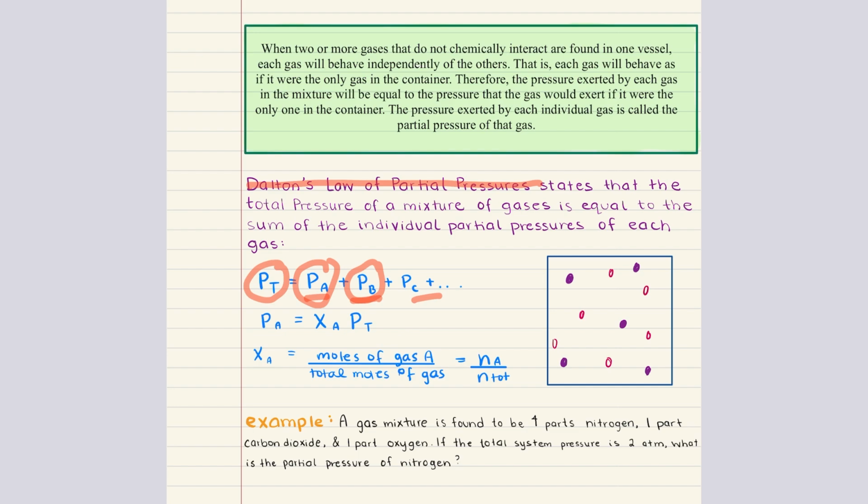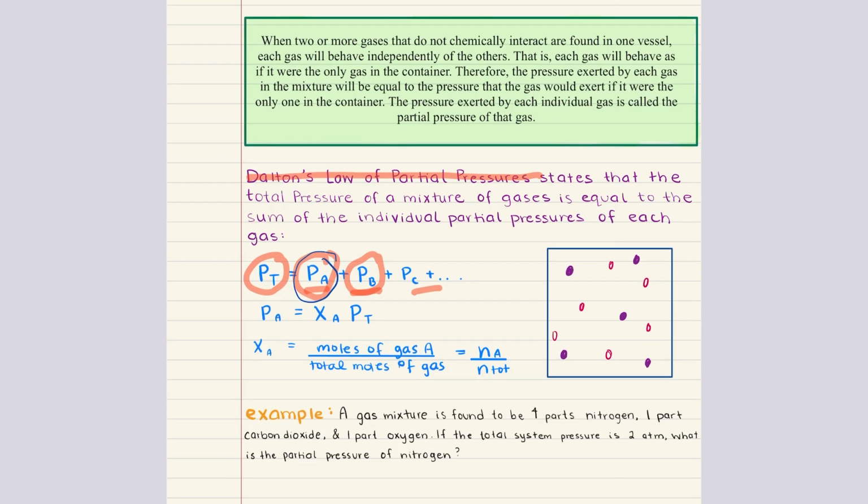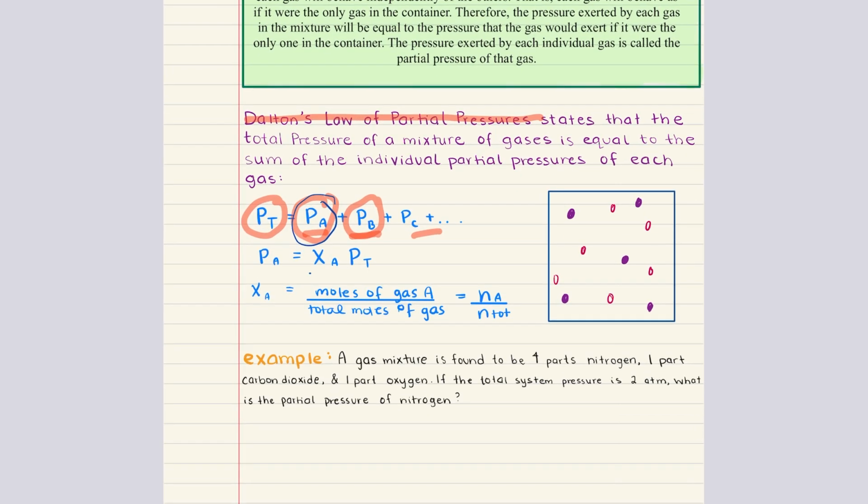Now, how do we determine the partial pressure of a specific gas? To do that, we need to use the concept of mole fraction. The mole fraction of a gas, let's say gas A, is equal to the ratio of the moles of that gas to the total moles of gas in the mixture.